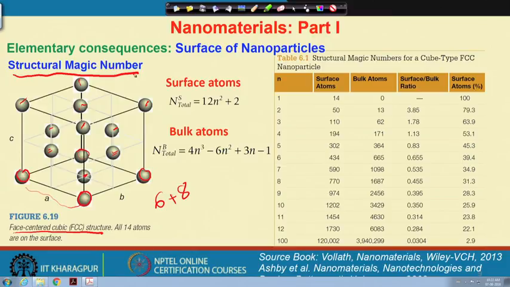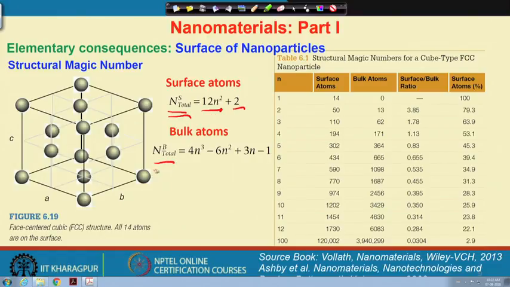I will show you within a minute if you have a look at these two equations about these magic numbers. So, the surface total is basically 12 n square plus 2, whereas the bulk atoms are 4 n cube minus 6 n square plus 3 n minus 1. These are simple mathematical equations you can also derive.